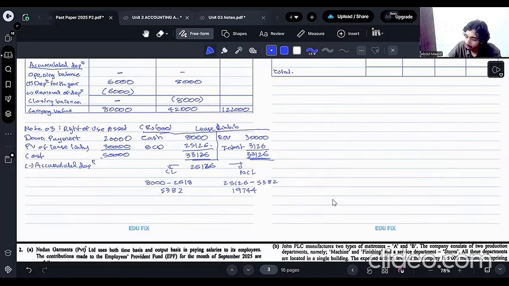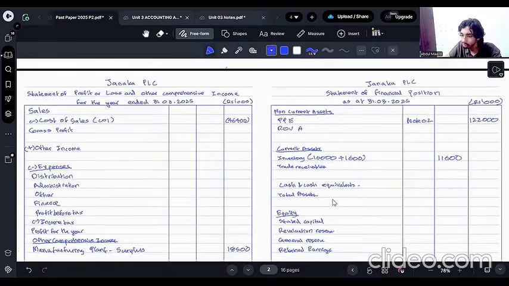The useful life is 8 years, lease period is 5 years. So the lower is the lease period. Then 50,000 cost divided by 5, depreciation will be 10,000. Then finally, the carrying value will be 40,000.